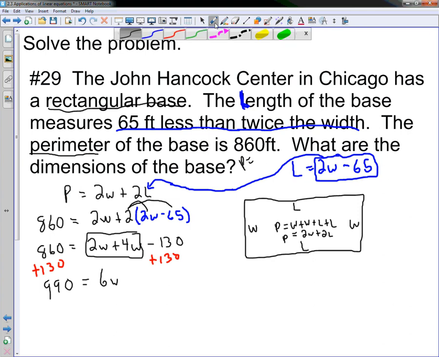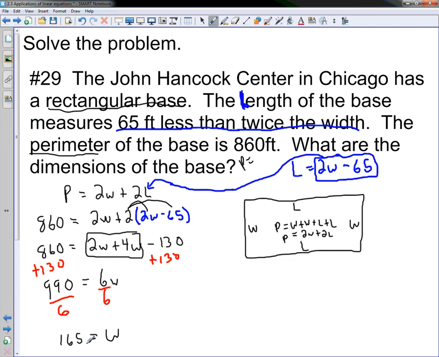The only thing we have left is to divide by 6. And we get W equals 165.